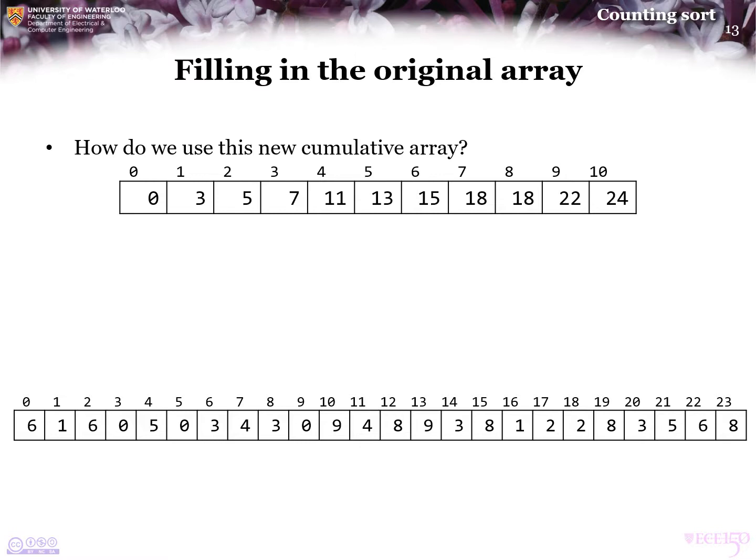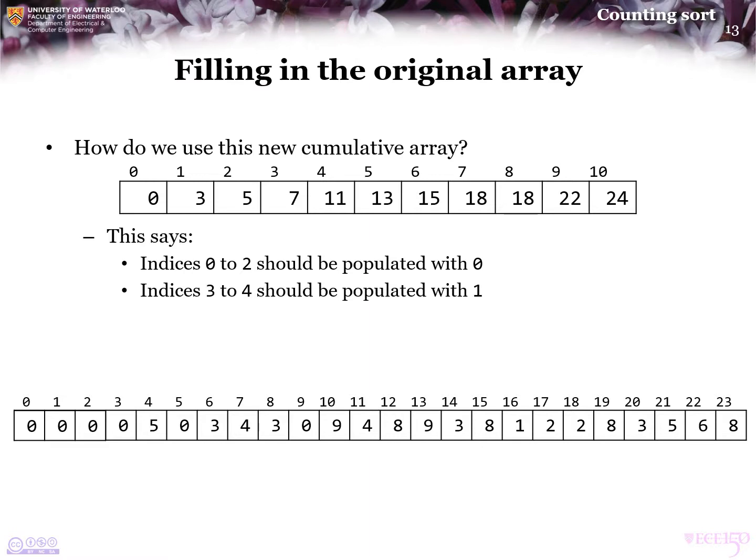So how do we now use this new cumulative array to populate the original array? Well, this new array is essentially saying indices from 0 to 3 minus 1, or indices 0, 1, and 2, should be populated with a value 0.